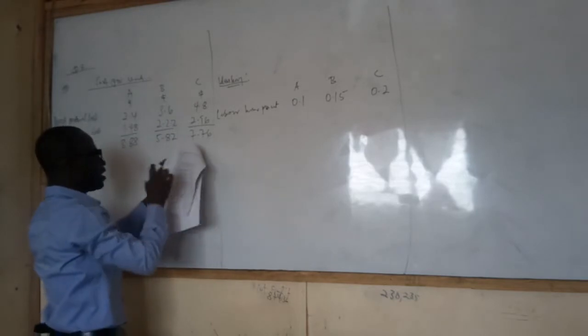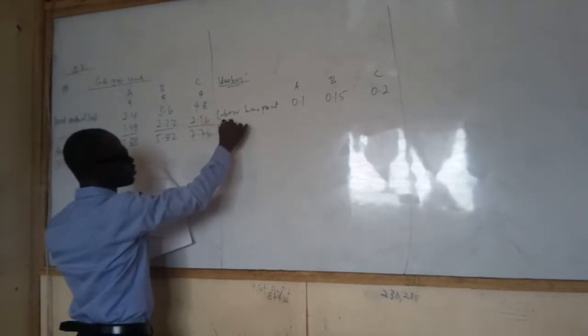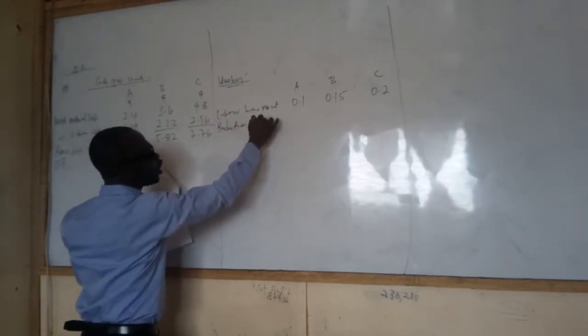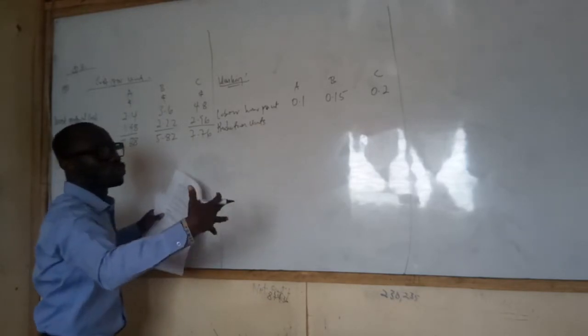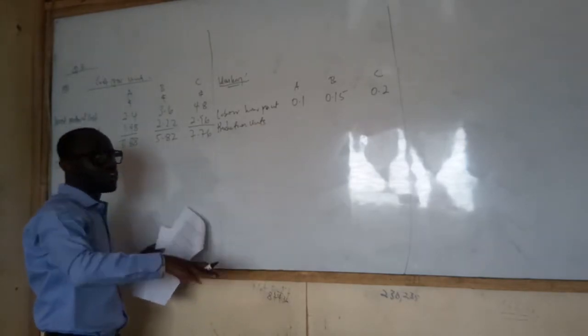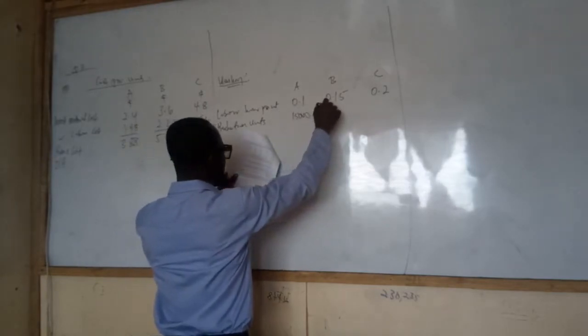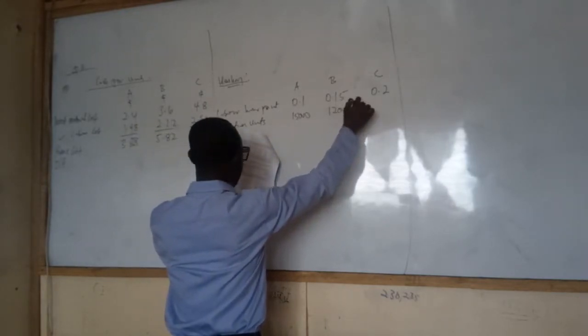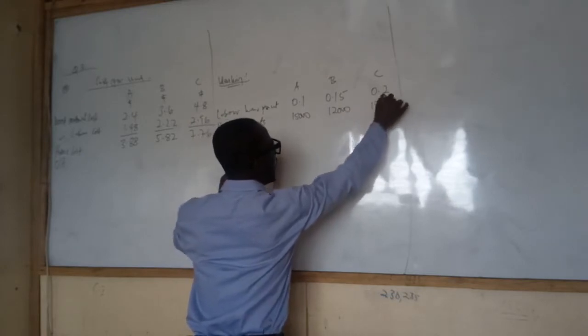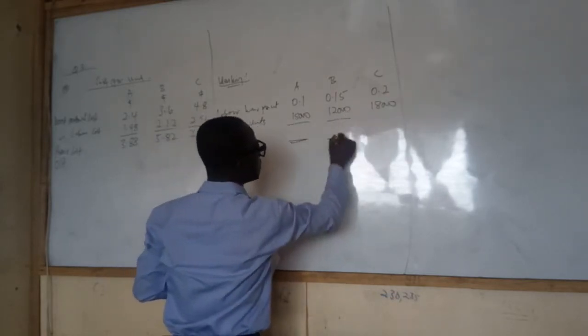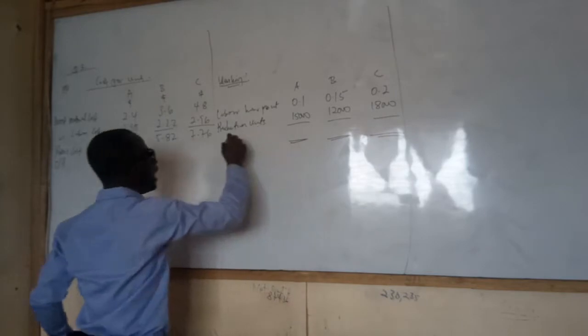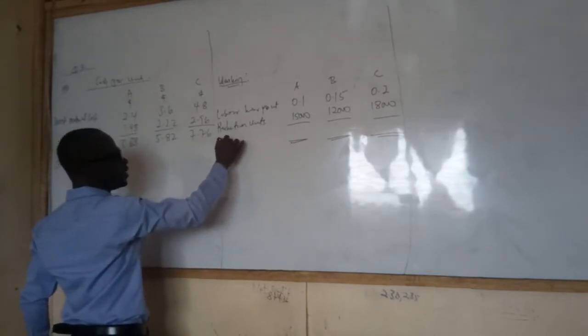Then we will bring the production units. Because we need total labor hours so that we can calculate the overhead absorption rate. So A is 15,000 units, B is 12,000, and C is what? 18,000. So let's multiply up and let's get the labor hours.